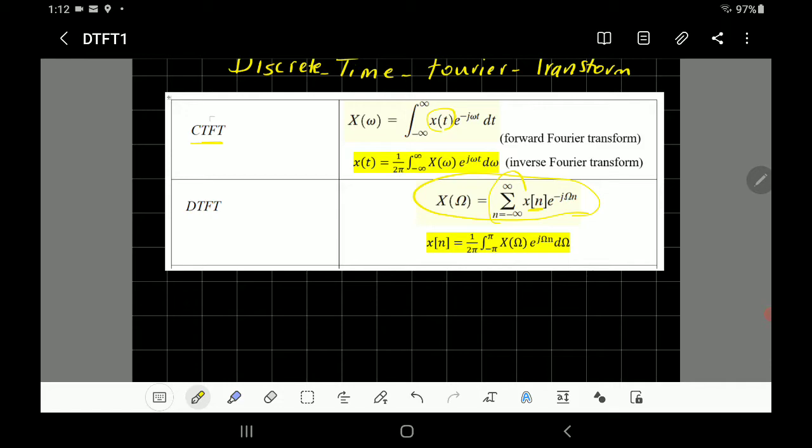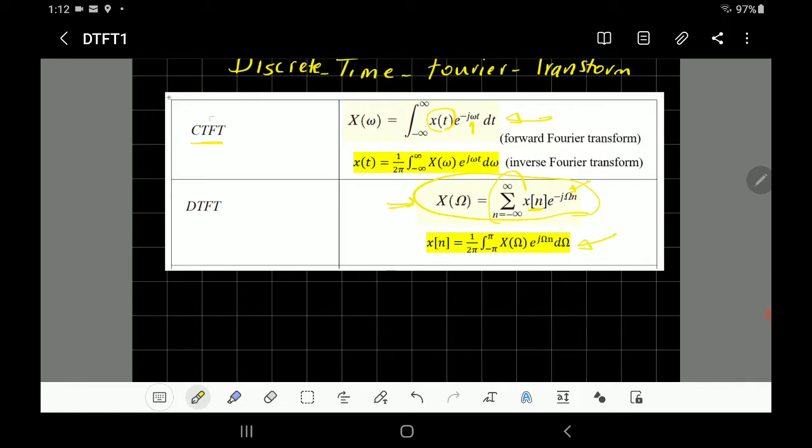To distinguish between continuous and discrete, we use the uppercase omega instead of the lowercase omega, and n instead of time. It's very similar to the continuous case, just made for discrete: n instead of t and capital omega instead of small omega.